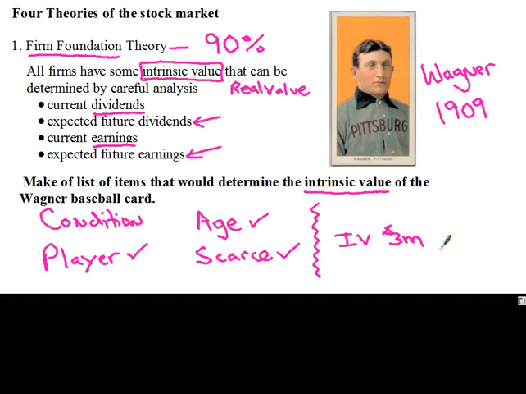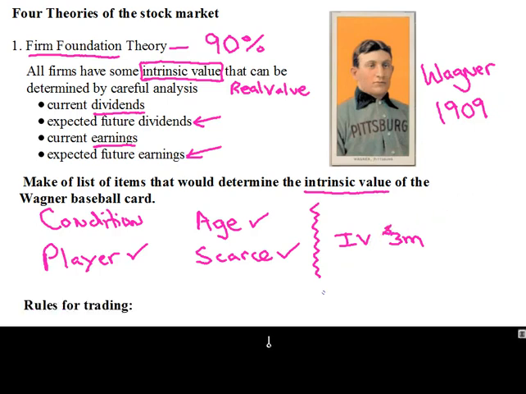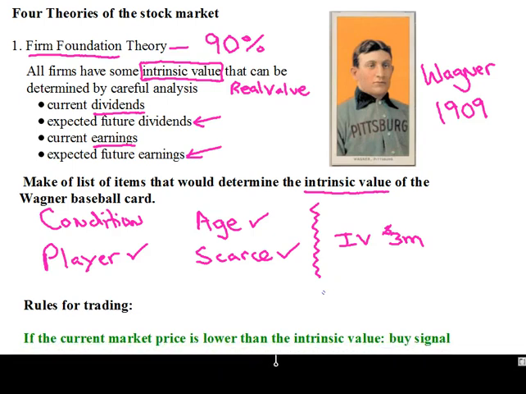Okay, well, if we believe that's true, then that's going to give us some basic trading rules. So, for example, here's my rules for trading. If the current market price, that's the price that it's currently selling for in the market, is lower than what I believe the intrinsic value to be, then that's going to be a buy signal.